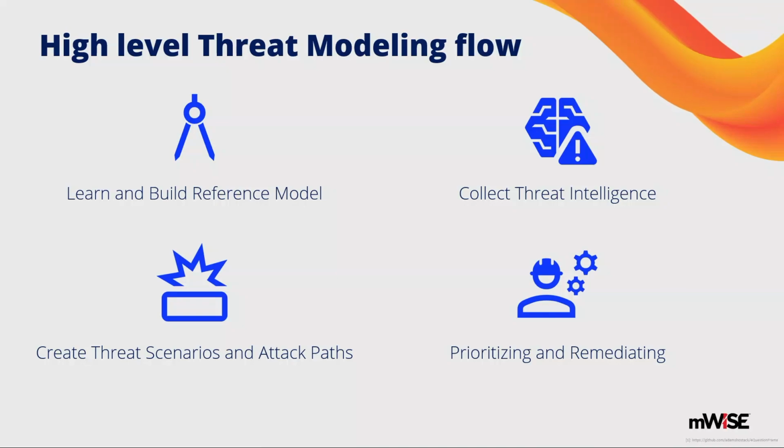This is when we dive into Stride or Pass or whatever your methodology is and apply each of those letters that we had on the previous slide to those assets, components, connections, and say, okay, at this point of the puzzle or on this piece of data, what are they going to maybe be able to do to tamper with it or to steal it or whatever it might be.